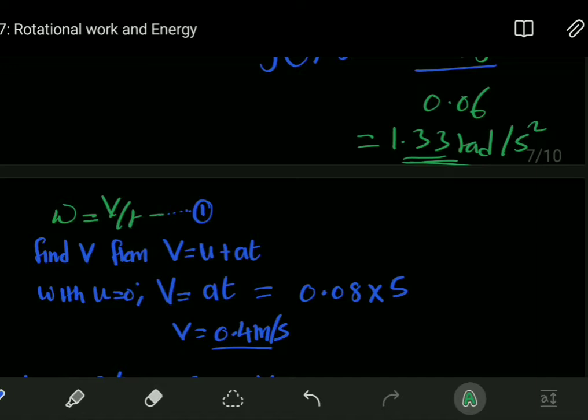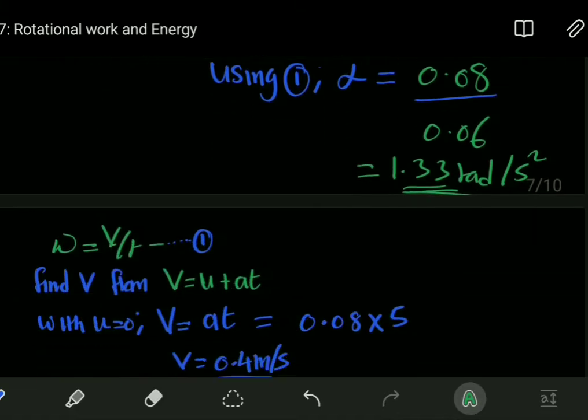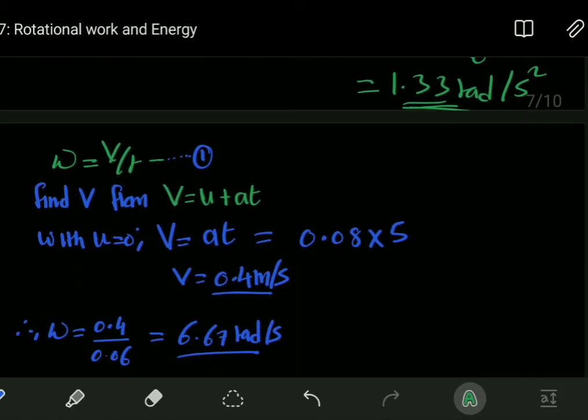We know that omega equals v over r. We can find v from v equals u plus a t, because we know what a is. From the first part, it's 0.08 meters per second squared. We know u is simply 0, and we also know what t is. If u is 0, we remain with v equals a t, which is simply 0.08 multiplied by t.